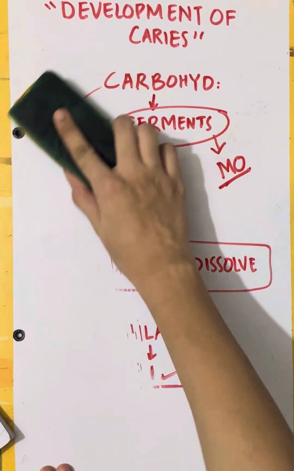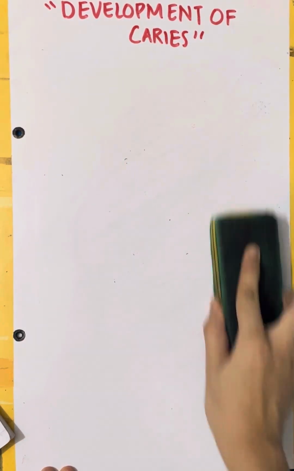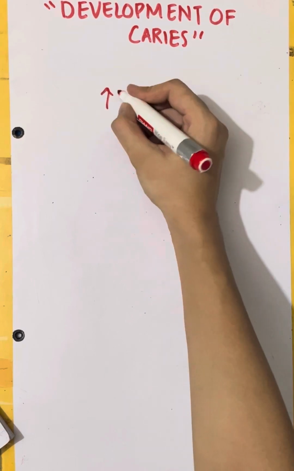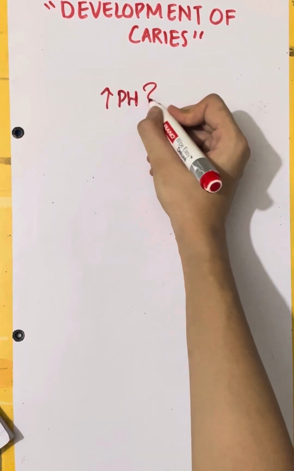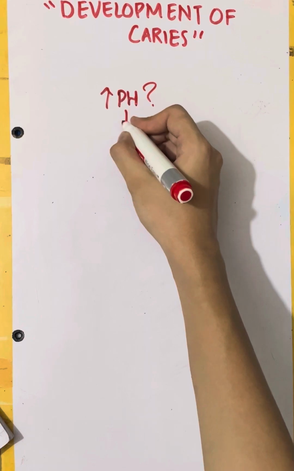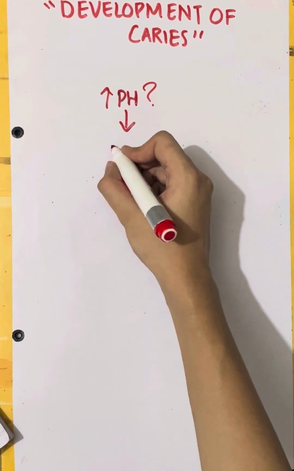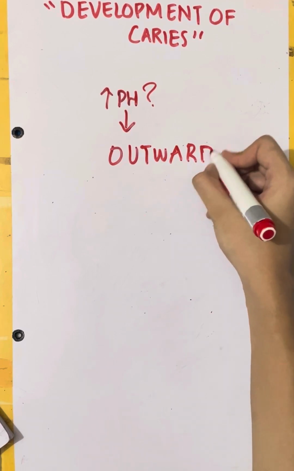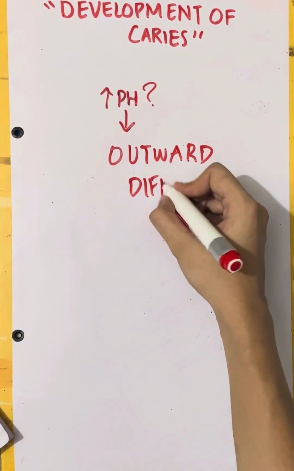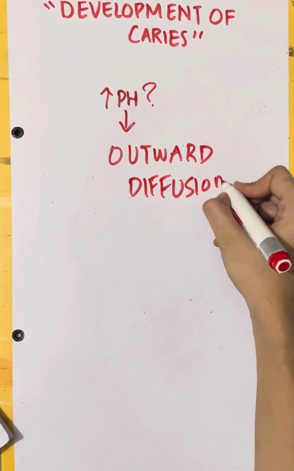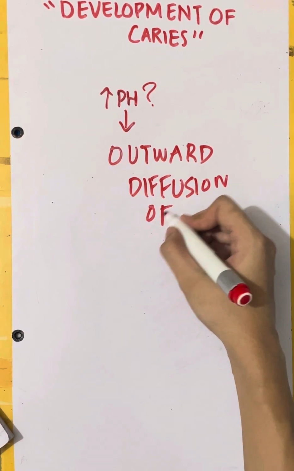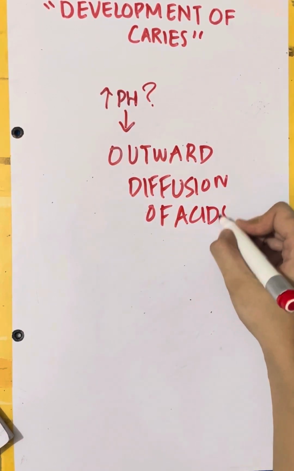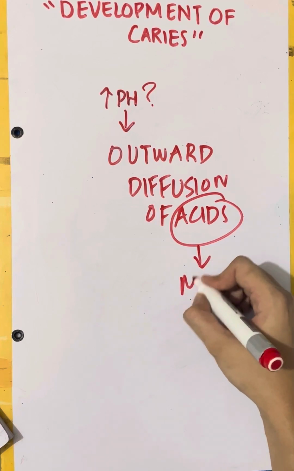So if the pH increases, the question arises how? Actually, the pH increases by outward diffusion of acids and metabolism of acids.